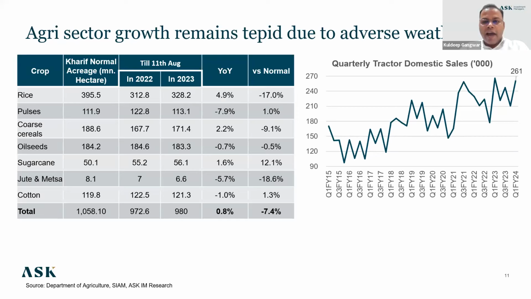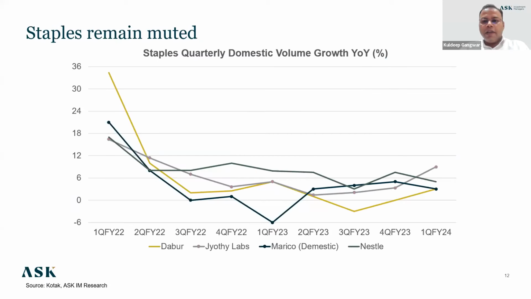We have yet to see how this adverse weather is going to play out in terms of its repercussions for the overall economy. But it appears that the government is trying to preempt the situation by giving a decent hike in the MSP prices. If we think about most of the staple companies, the volume growth has been relatively muted.